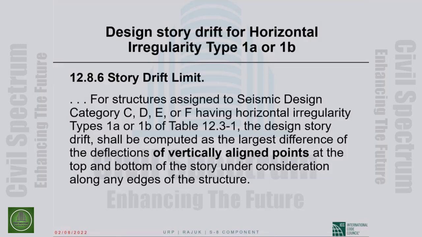When you have torsion, normally interstory drift would be the deflection at the center of mass of the floor above and the center of mass of the floor below. But when there is torsion, you need to look at the periphery of the building. The, what is the word?